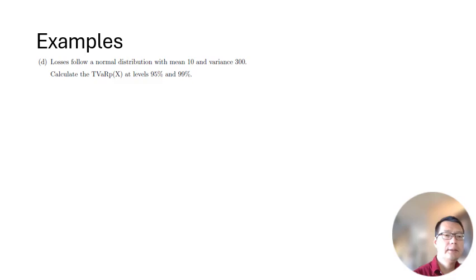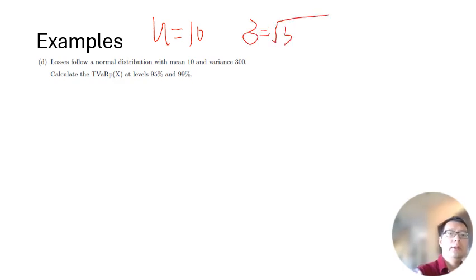Now let's look at example D. Losses follow a normal distribution with a mean 10 and variance 300. Calculate the TVaR for level 95% and 99%. Again, we can get mu is 10 according to the information, and omega will be square root of 300 since variance is 300.